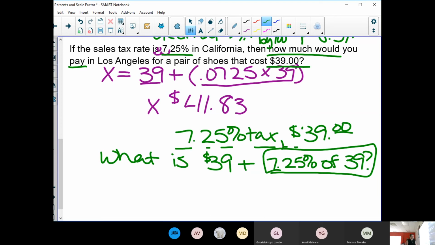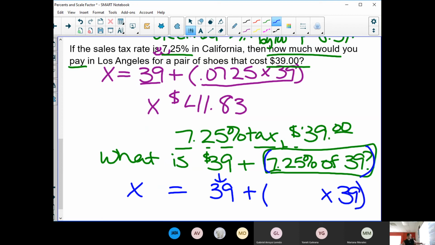Okay, so now I can use this to write my equation just like we have been doing the past few days. So we know what is going to be our variable, is going to be our equals. 39 we're just going to bring straight down because we don't have to do anything to that. Plus, and then if I take this right here and put it in parentheses, I know of means multiply, 39 again just comes straight down, and then I changed 7.25 to a decimal, so 7.25 divided by 100.